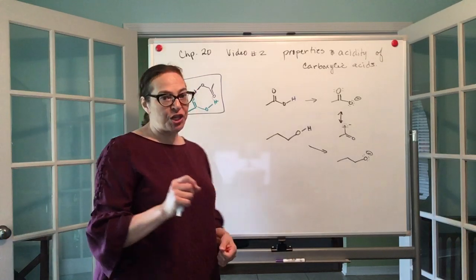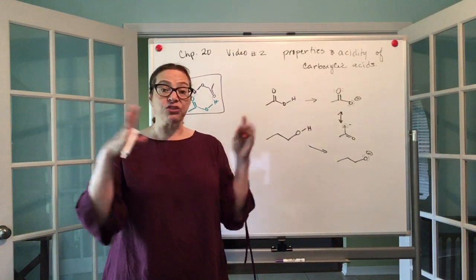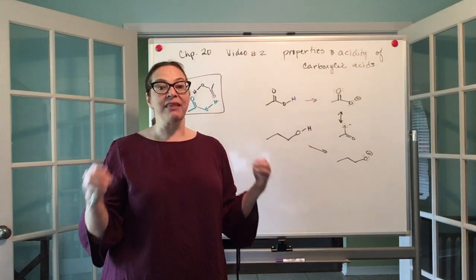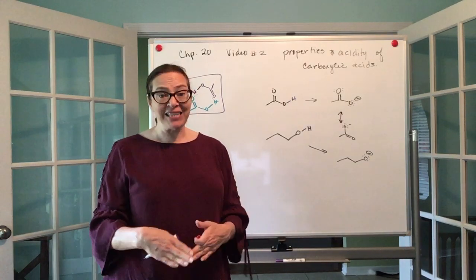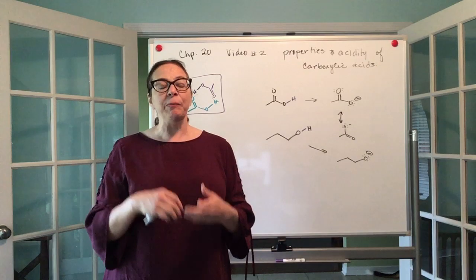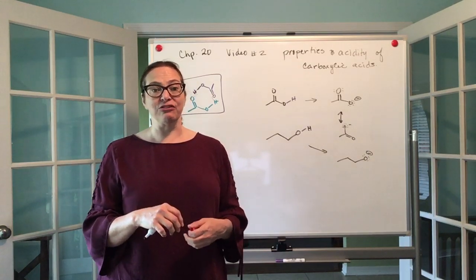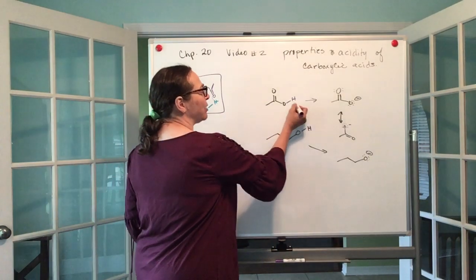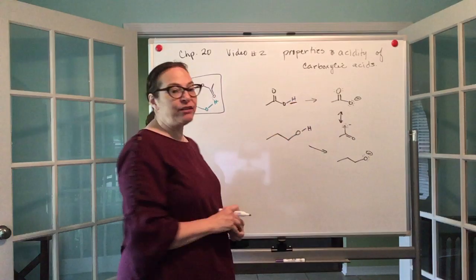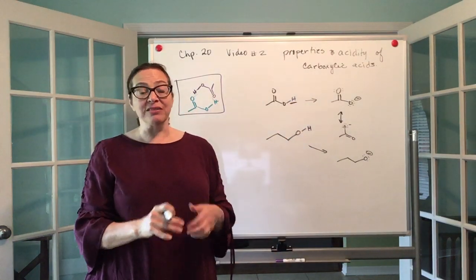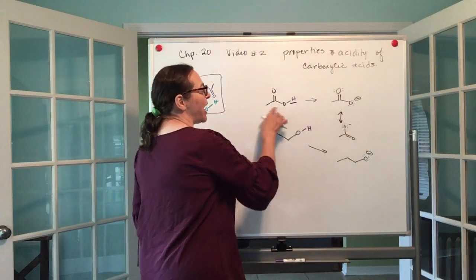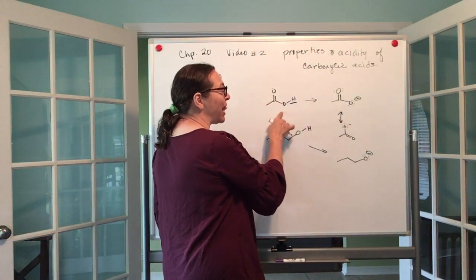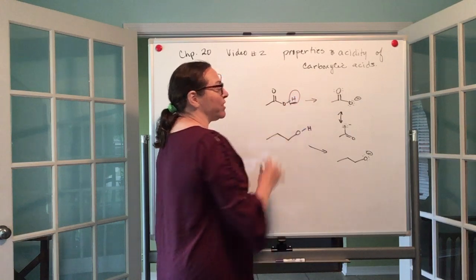But there is a relationship between the pH of a solution, that means the acidity of that solution, and the pKa of the acid that is in that solution. The pKa of the acid in the solution basically tells us a little bit about the hydrogen in question. That is the most acidic hydrogen that is in that solution.